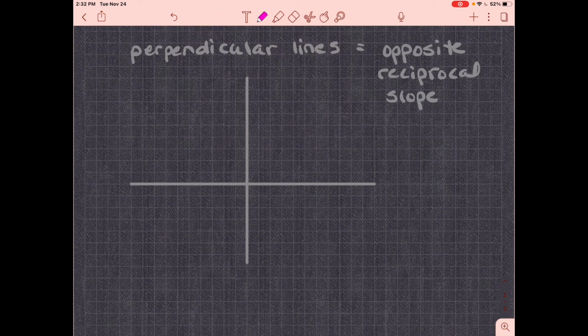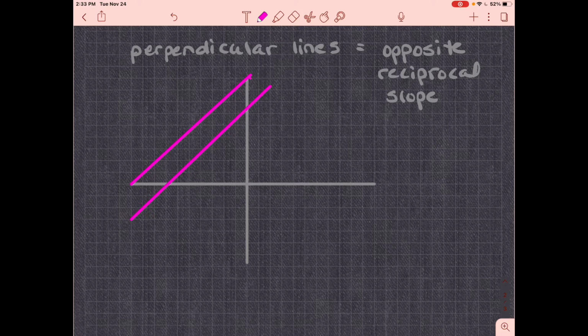So let's say I have, let's see if I can draw a line here that is maybe somewhat straight. Okay, you kind of get that idea.